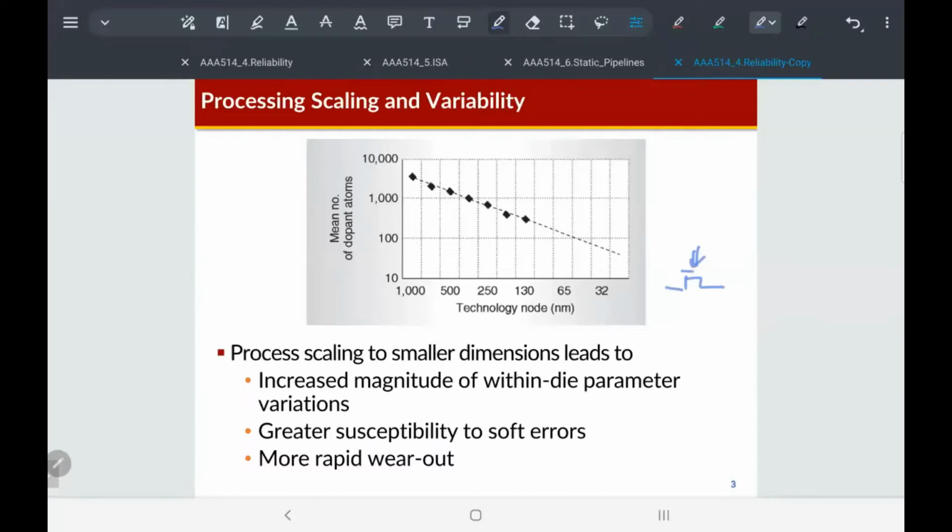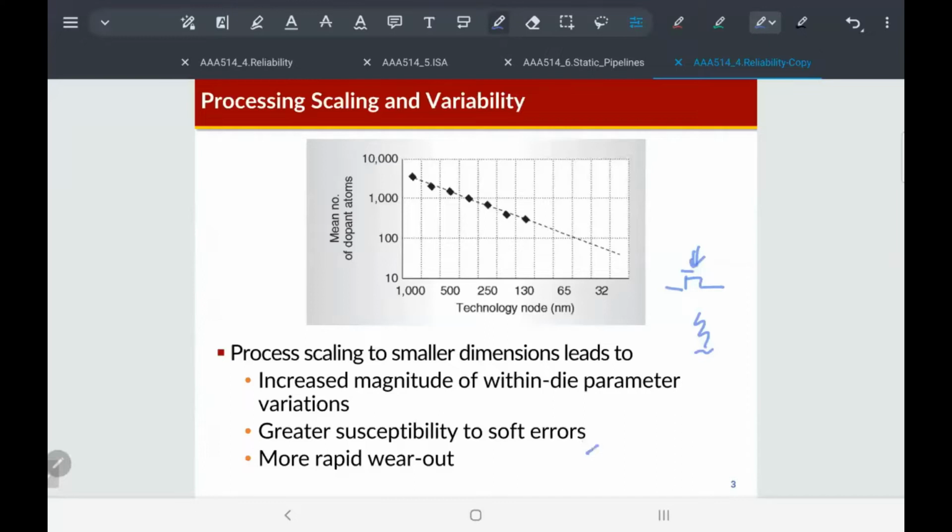So size is reduced, which means that the amount of charge, the supply voltage, and the threshold voltage are also reduced. So if some noise is included in our transistor devices, then the charge can fluctuate. The amount of charge can be changed. So it's more susceptible to soft errors.